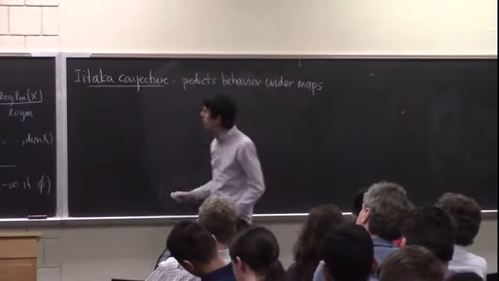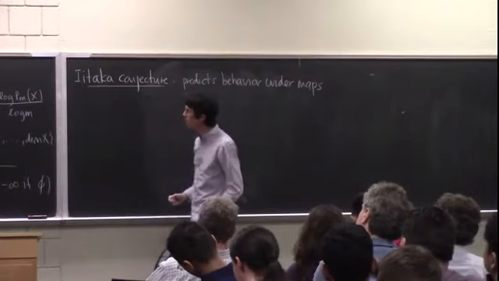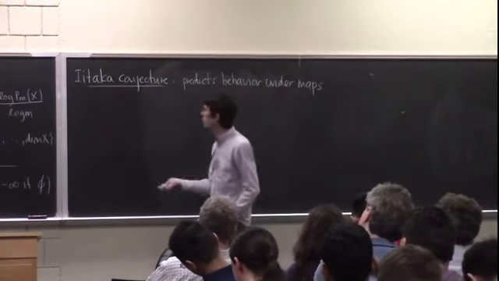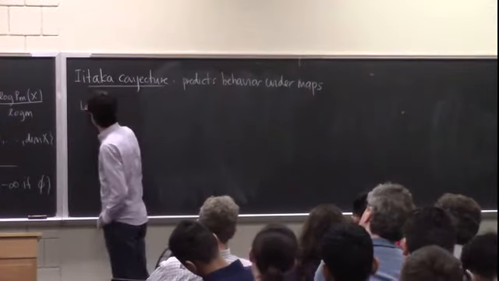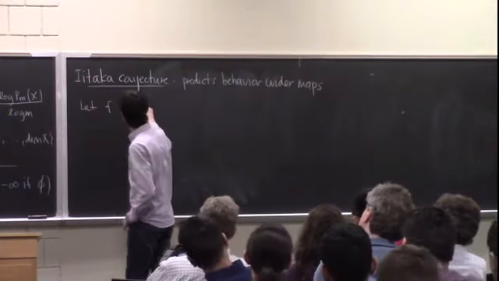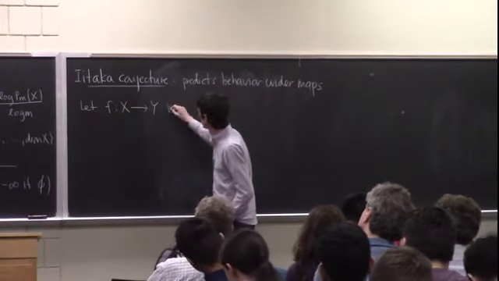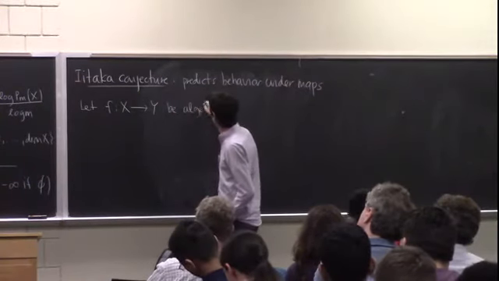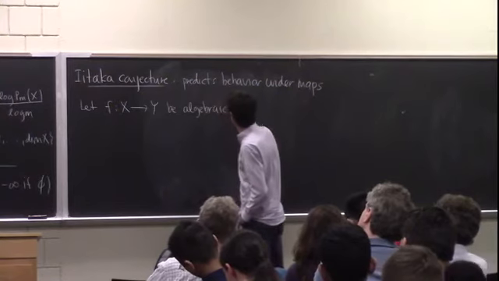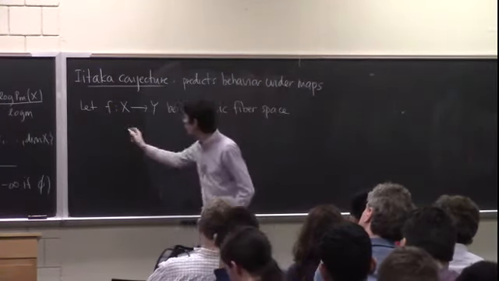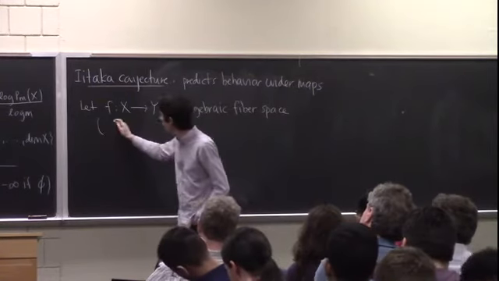More precisely, the kind of maps that it's about are so-called fiber spaces, so maps with connected fibers. Let's say I have a fiber space of this type: a morphism from a smooth projective variety to another smooth projective variety. Let's say it's an algebraic fiber space. I'm just going to make a very restricted definition of that.